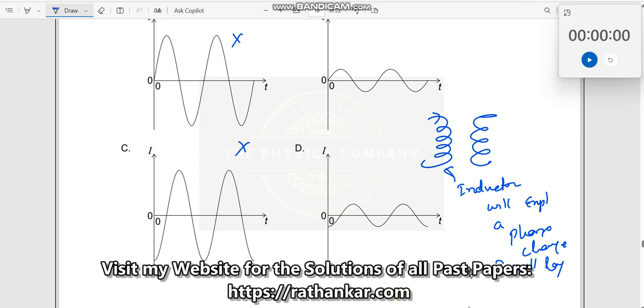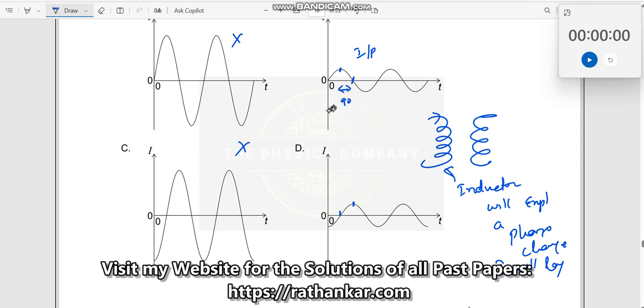What do you mean by lagging? That means it will not go along with it. Let us say this is your input. If the input current is maximum, then the output current would be 0 here. If the input current reaches 0, then the output current is maximum, right? This is when there is a phase lag of 90 degrees.